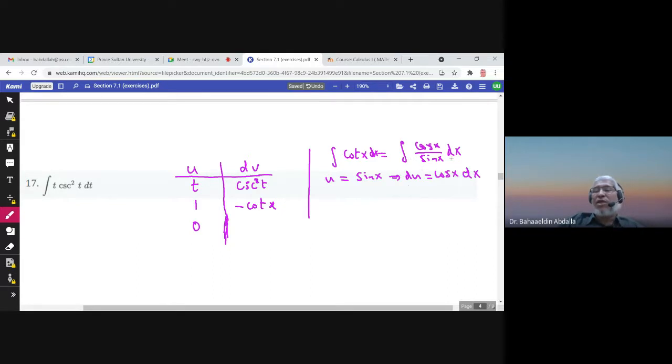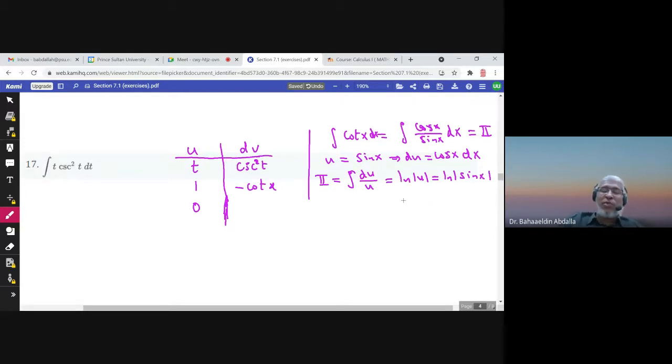So this integral, let me call this double I, would be equal to the integral of cosine x dx, which is du over sine x, which is u. So ln absolute value of u, or ln absolute value of sine x. Of course, there is a plus c, but we'll use it here.